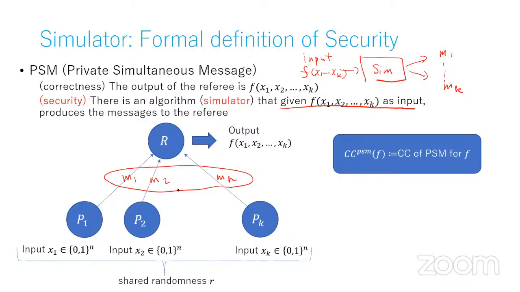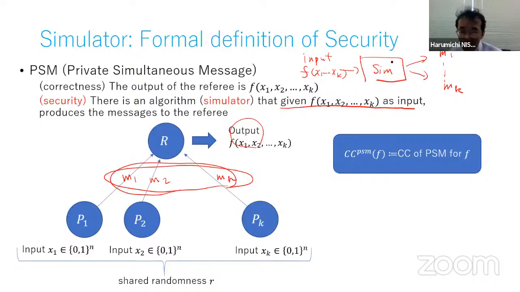This message could leak information about the input, but the security condition prohibits this. This means there is this algorithm called simulator, because the input is this, the simulator can produce these messages by itself.